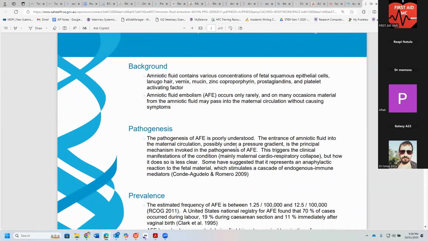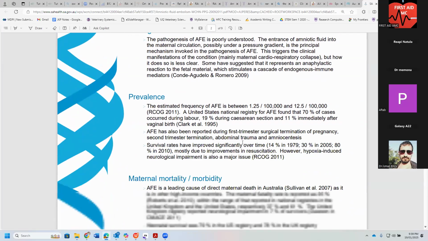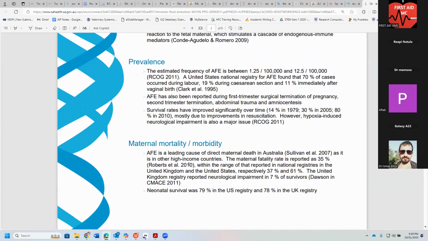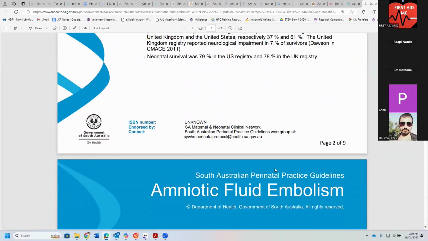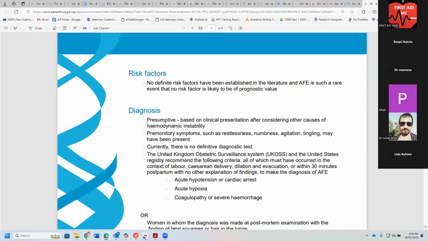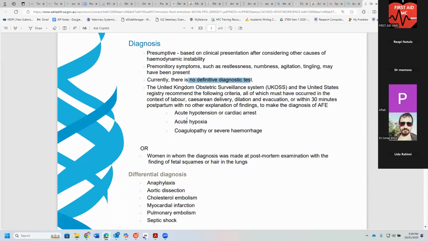We know that amniotic fluid embolism is basically amniotic fluid emboli going into the mother's bloodstream. It is the most leading cause of direct maternal death in Australia. It's a presumptive diagnosis. There are no risk factors to establish it and no definitive diagnostic test.